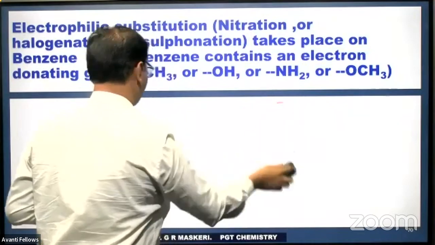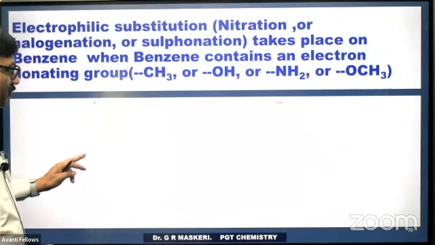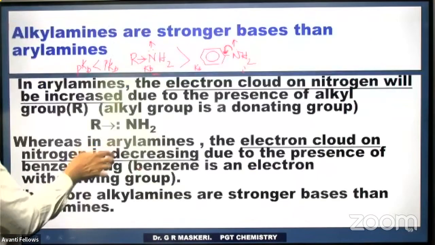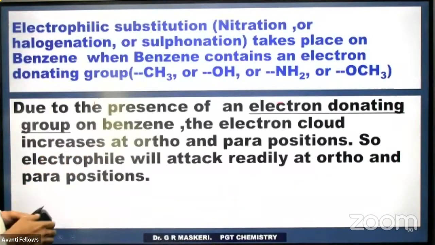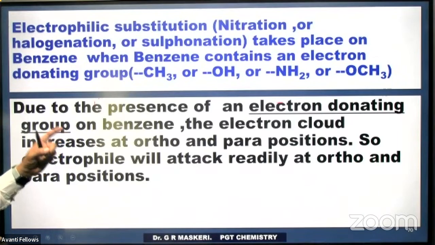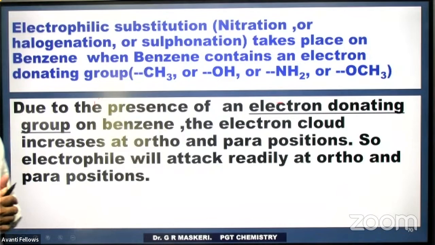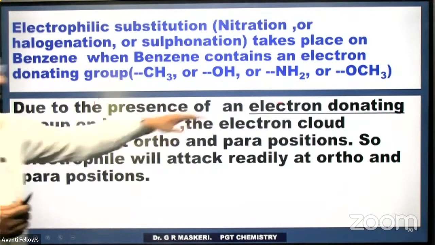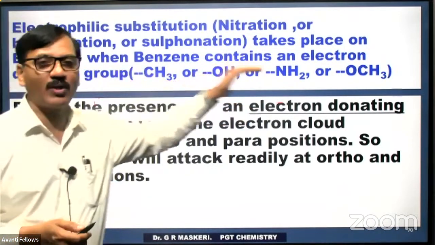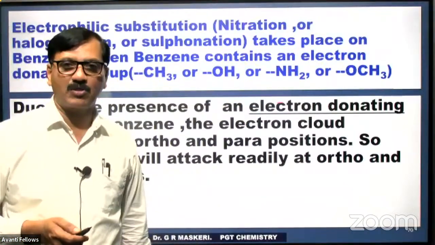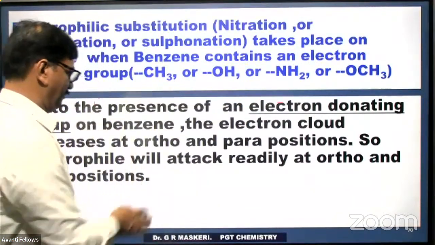So you have to write the resonating structures. Due to the presence of electron donating groups on the benzene, the electron cloud increases at ortho and para positions. So the electrophile will attack readily at ortho and para positions. Therefore, it happens so. This is the key word to be written.